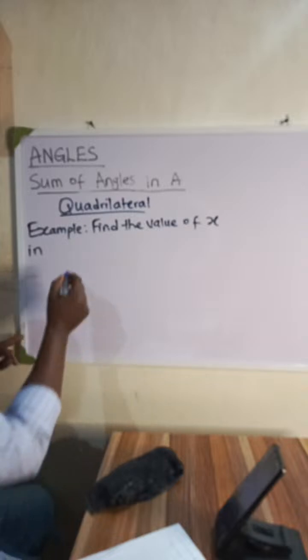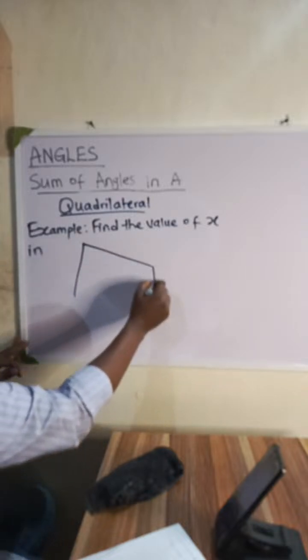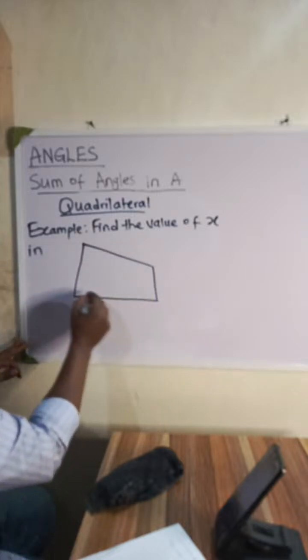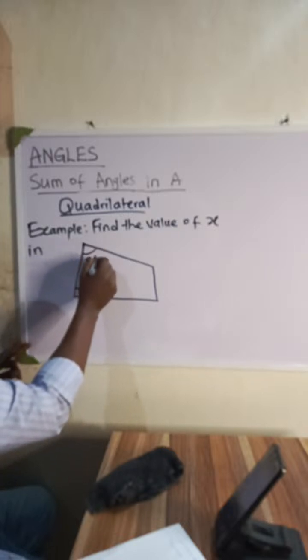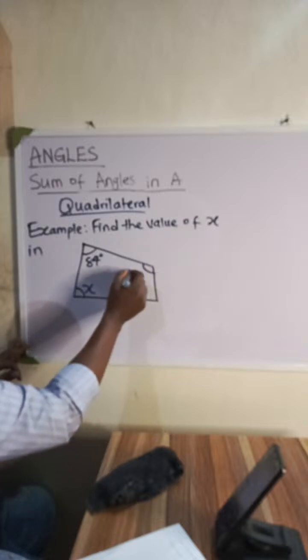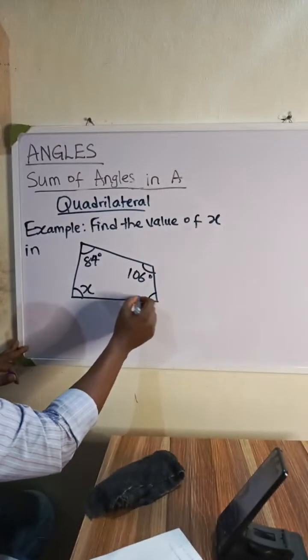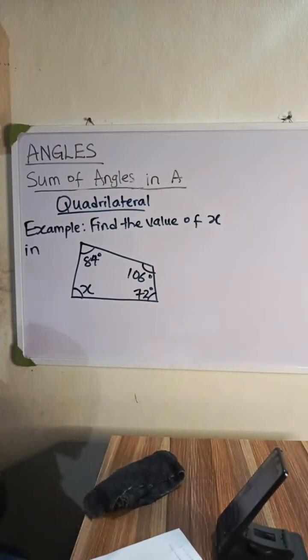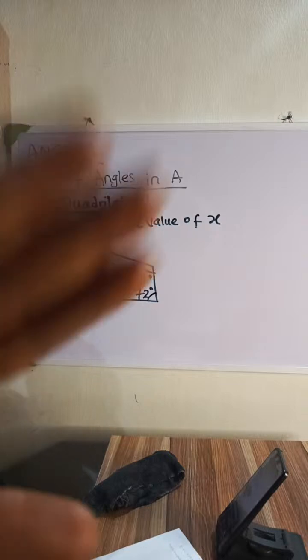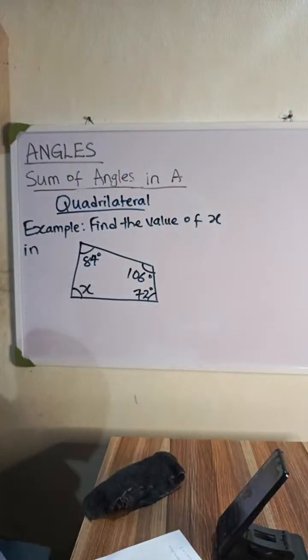Okay. So if I have a quadrilateral in this form, we're expected to find the value of x.